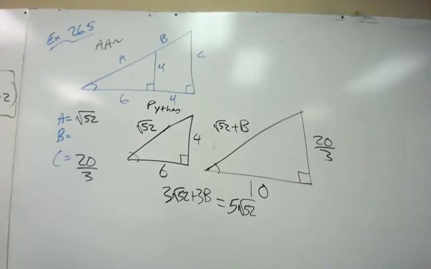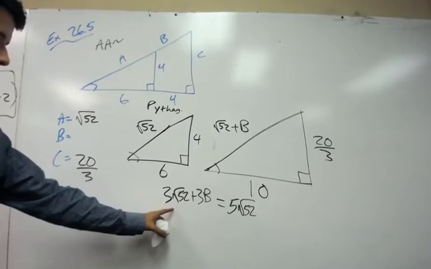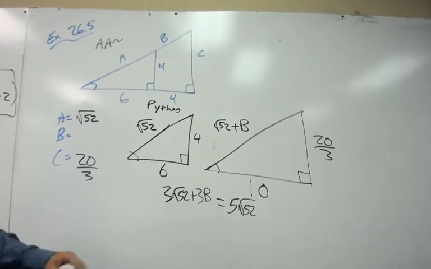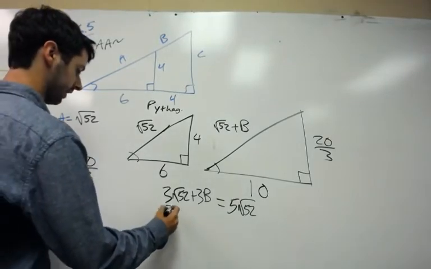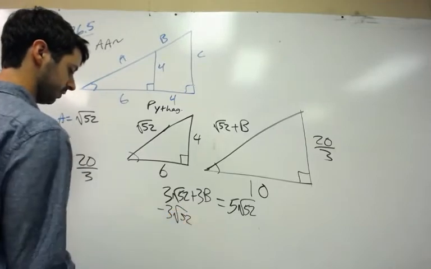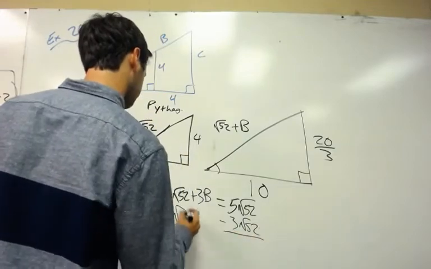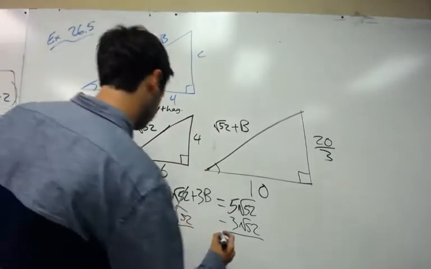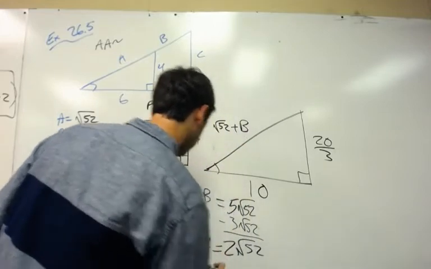Okay, here's where it kind of gets interesting. The 3 and the 5 are tagged along with the radical 52. Remember, if you have the same radical, that is saying that they are like terms. So what we can actually do is subtract 3 radical 52 over here, because they're like terms, so therefore it's 2 radical 52 equals 3B.